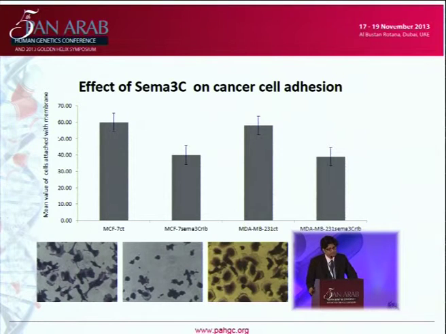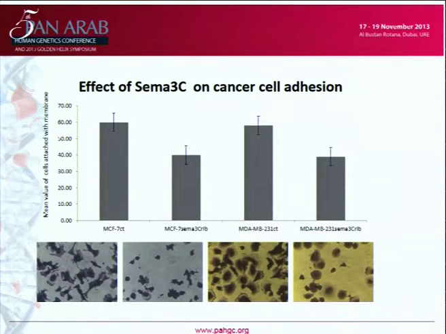I observed these cells and counted them under the microscope, and after counting I presented this data to you: in the MCF7 knockout cell line and the MDA231 knockout cell lines, the expression of semaphorin 3C is responsible for the reduction of attachment of cancer cells with the basement membrane.